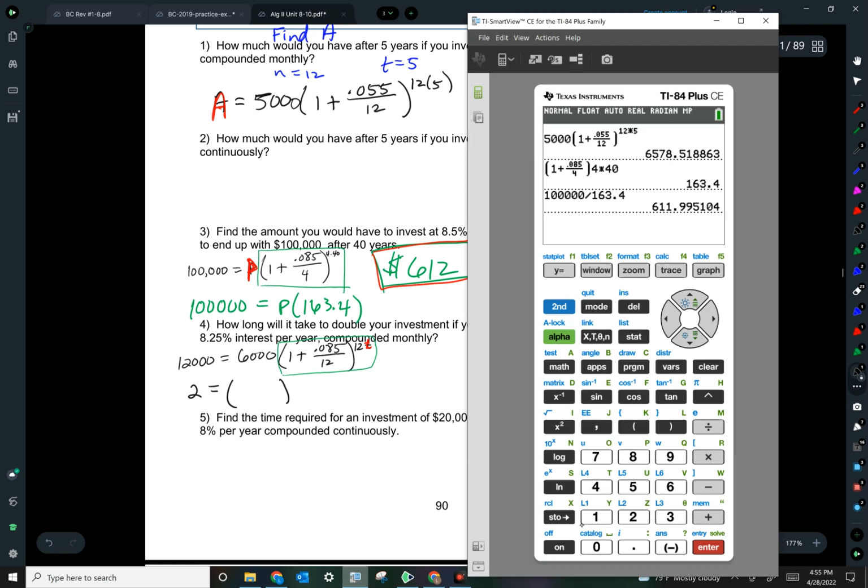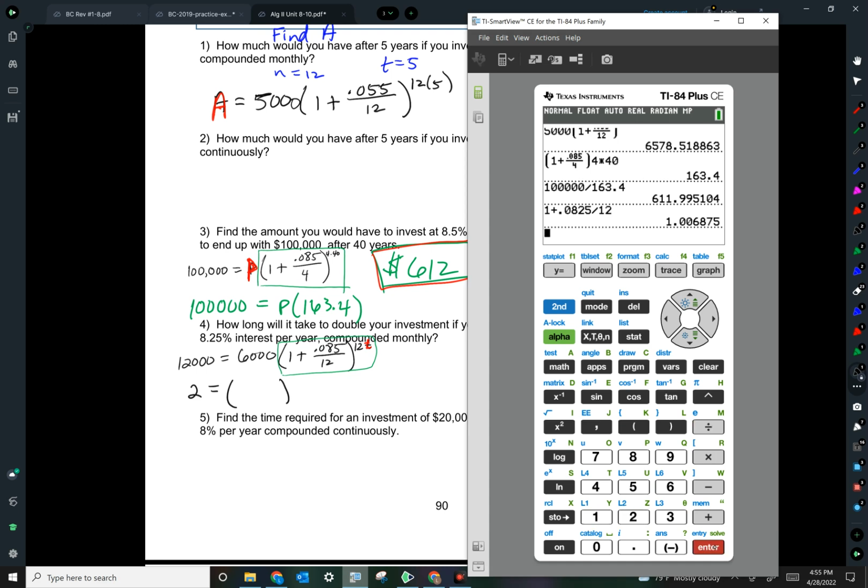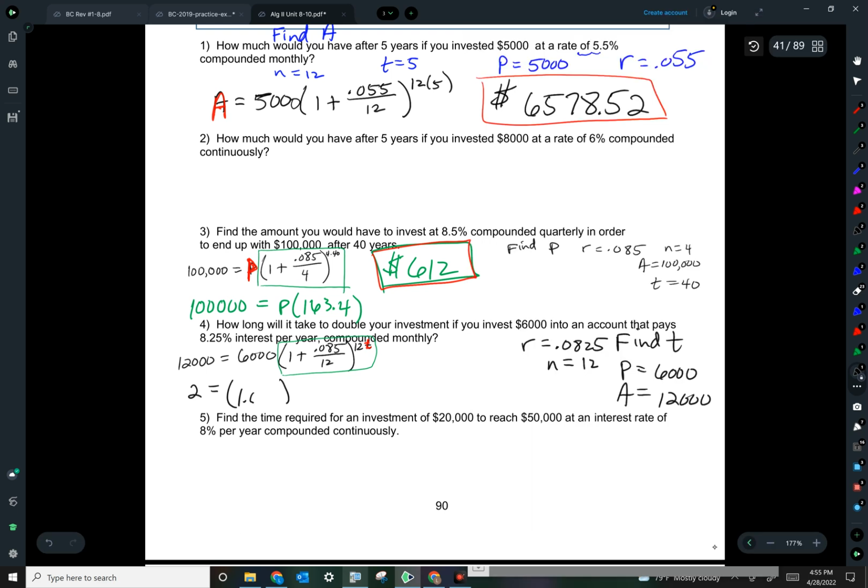Well, I've got 1 plus 0.0825 divided by 12. So that's 1.0068. And I know we normally only write 3 decimal places, but on something like this, you need to write a few more. So let's write 1.0068, and then that whole parenthesis is being raised to the 12t.